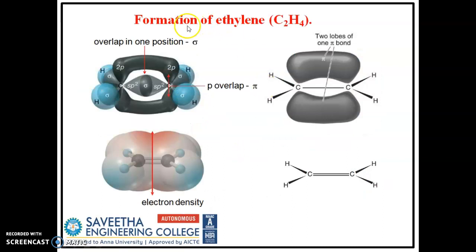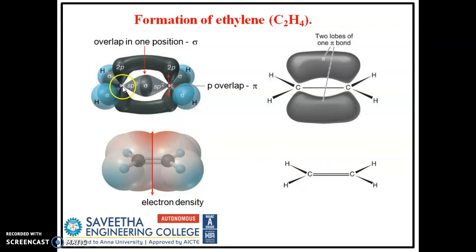Next, the formation of the ethylene molecule. There are two carbon atoms and 4 hydrogen atoms in ethylene. In that, one is a sigma bond and the other one is a pi bond.